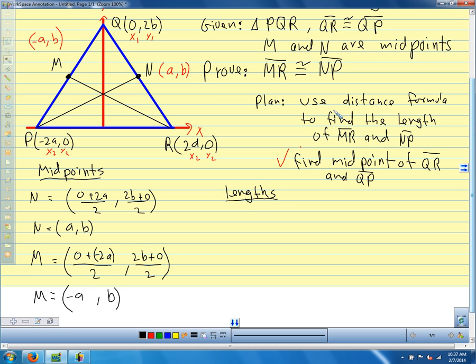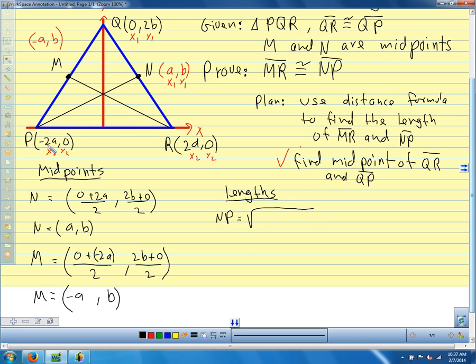For the second part of our plan, let's do PN, or NP. We're going to plug into our distance formula now. So let's do PN. This is x2, y2, so let's call this point x1, y1 this time.